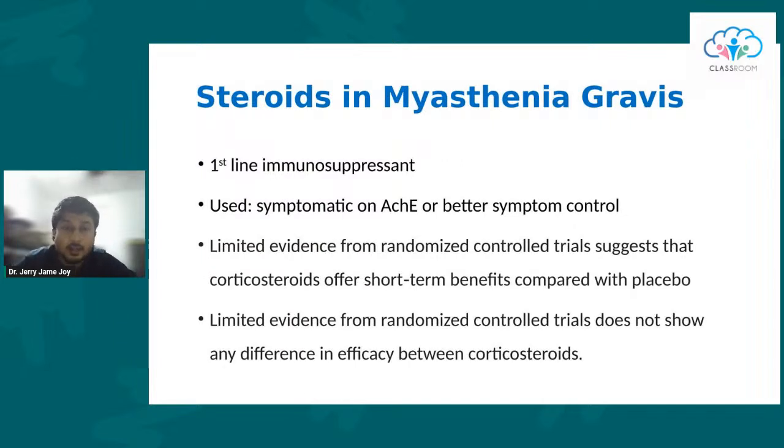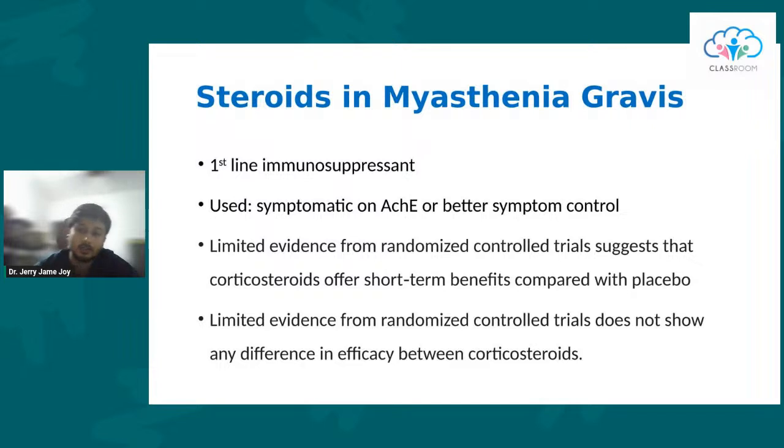Next is the use of steroids in myasthenia gravis. As you all know, myasthenia gravis is an autoimmune disorder, so steroids can be used as an immunosuppressant. Oral corticosteroids form the first-line immunosuppressant in myasthenia gravis. They can be used when the patient is still symptomatic on cholinesterase inhibitors, or needs better symptom control.